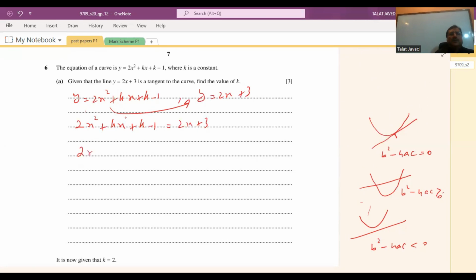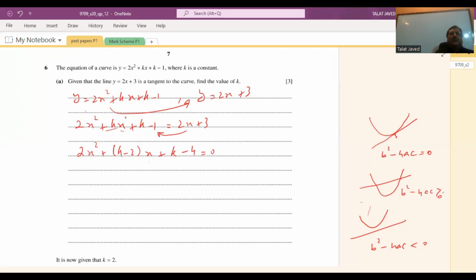So 2x squared plus (k minus 2)x plus k minus 4 equals 0, a standard quadratic equation.